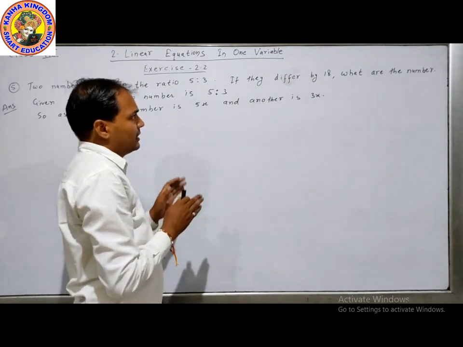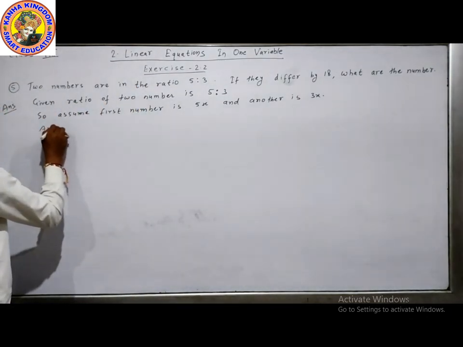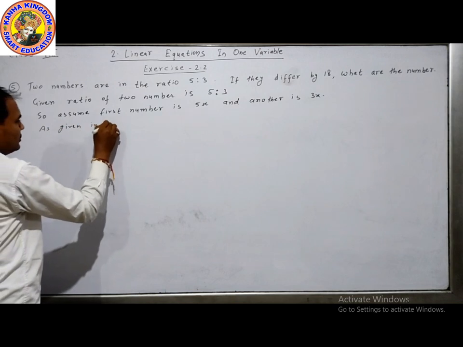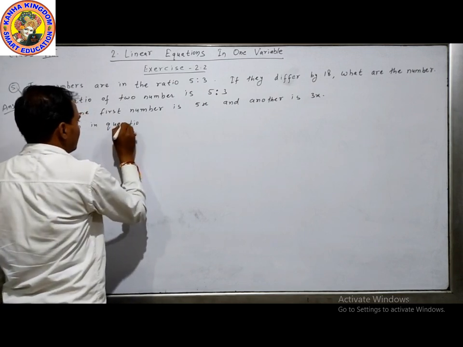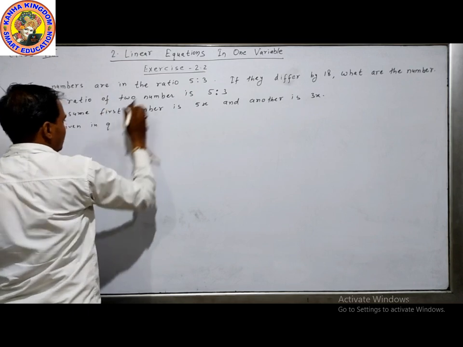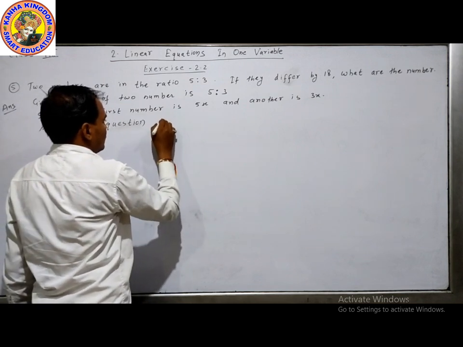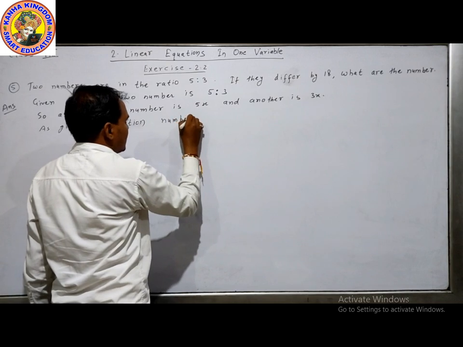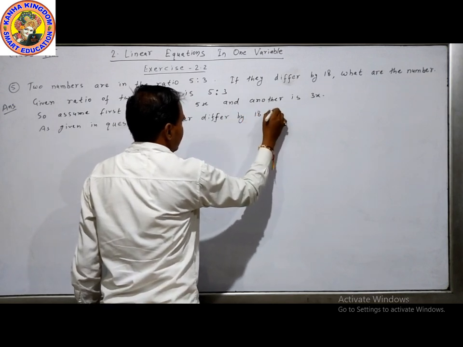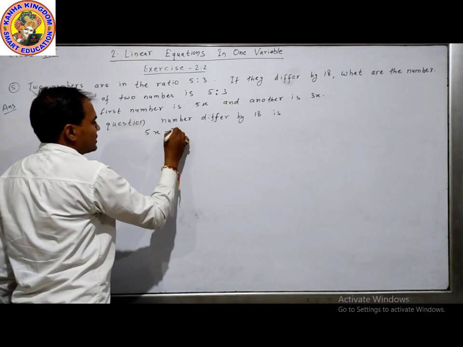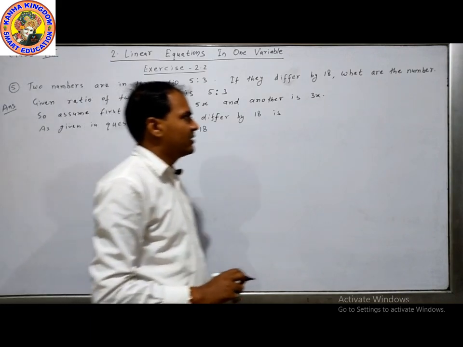The two numbers subtracted from each other give 18, which is given in the question. Numbers differ by 18, so 5x minus 3x is equal to 18. The difference is equal to 18.